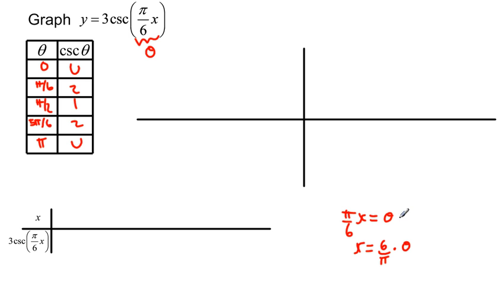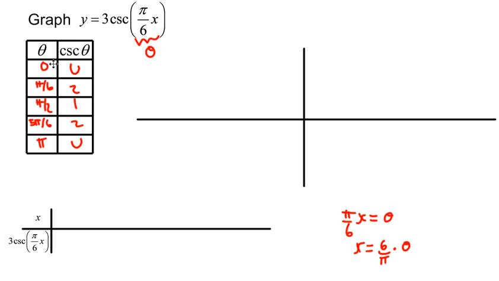That's how I get my new x values: I take theta and multiply by 6 over pi. Then we'll talk about how we get the y values in a moment. So let's find the x values.